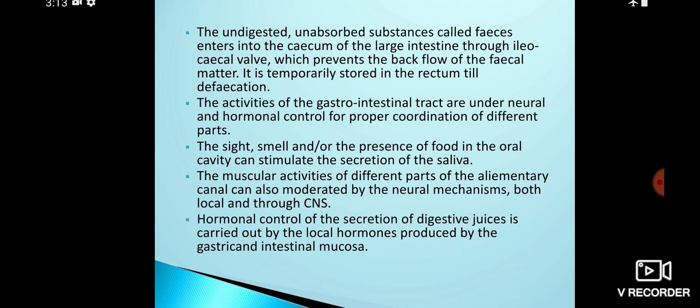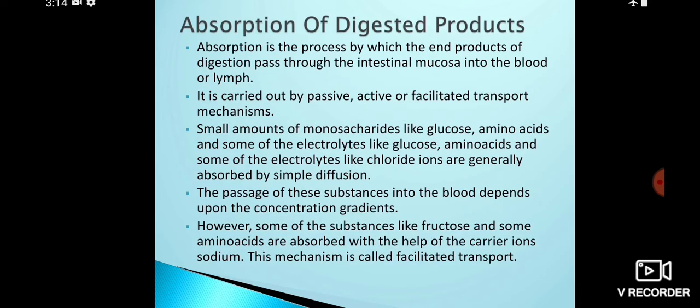So to maintain the pH of the gastrointestinal tract, this gastric inhibitory peptide local hormone is going to help. So these are the hormones which control the digestive juices, where they are carried out by the local hormones, and they are produced from the gastric and the intestinal mucosal cells.